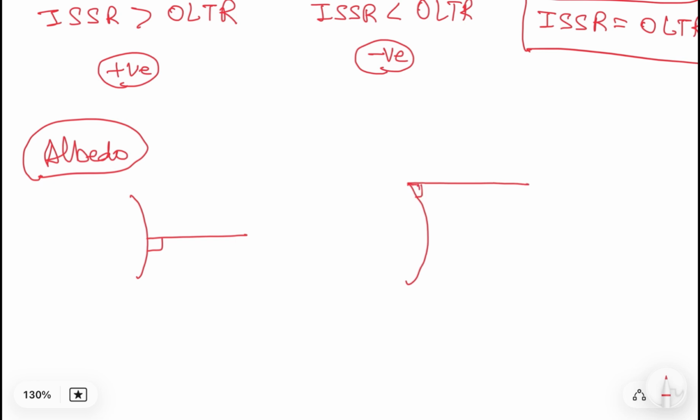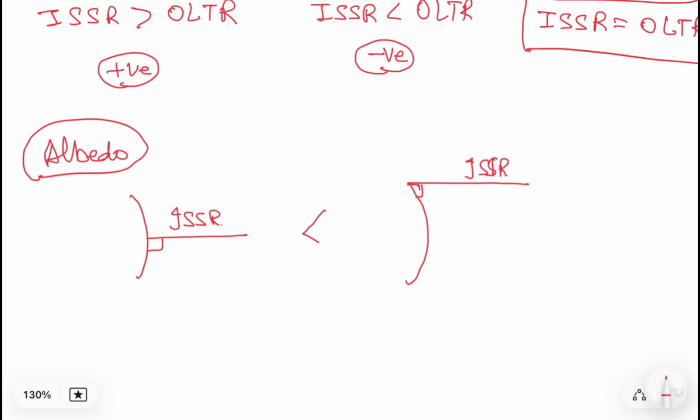Which one of them has the highest albedo?